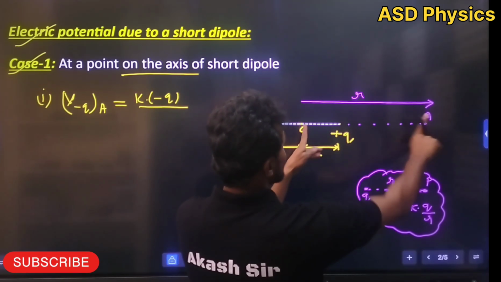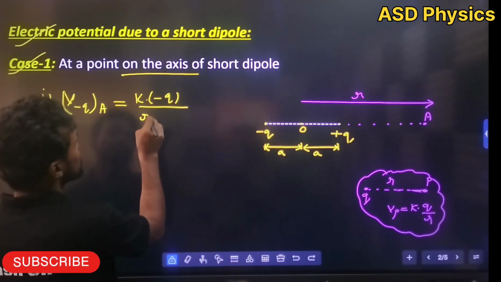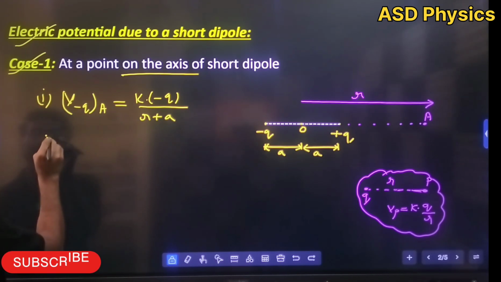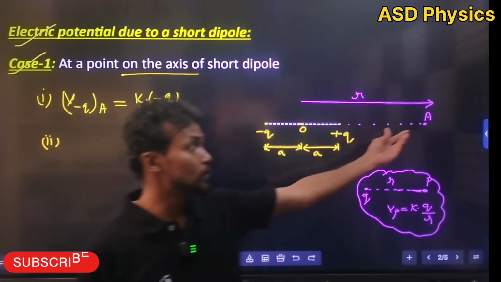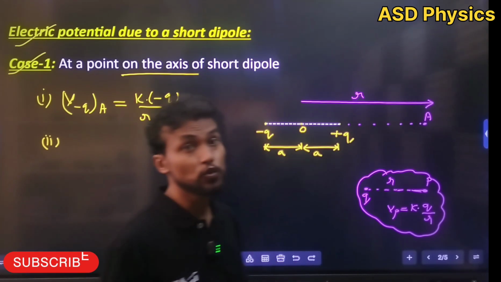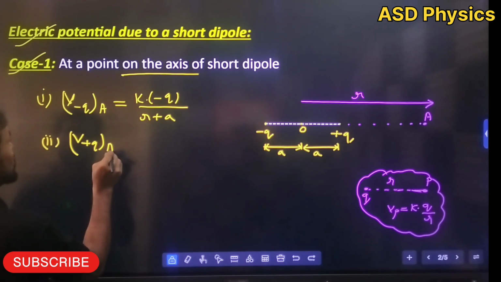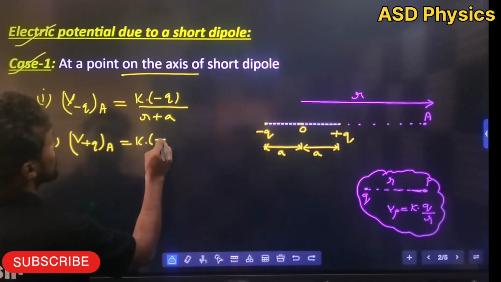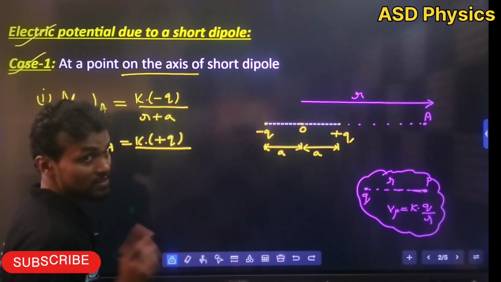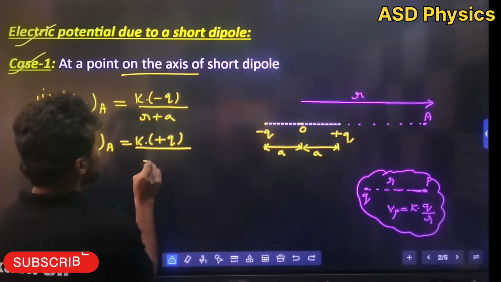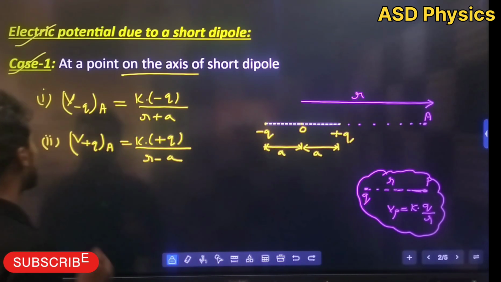This is R, this is A, so the total distance is R plus A. Now the second one, the potential at point A due to charge plus Q is given by K into plus Q, and the distance, just guess please. This is R, this is A, so this distance is R minus A.